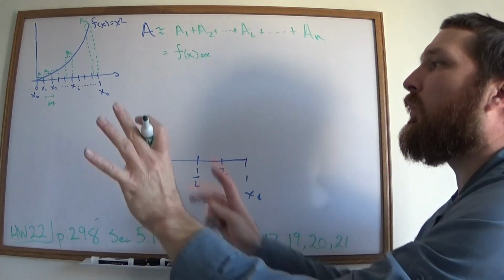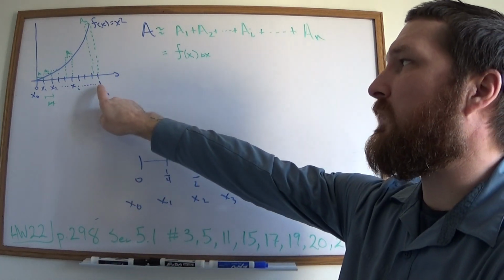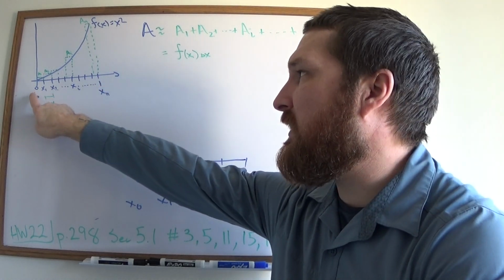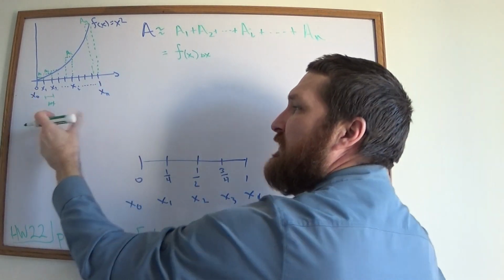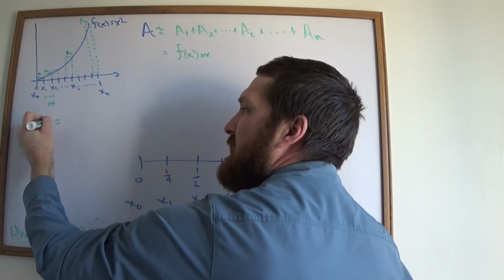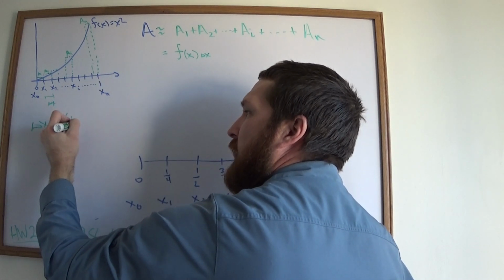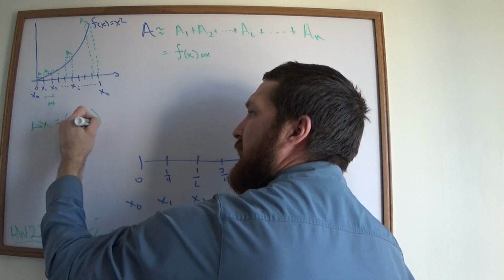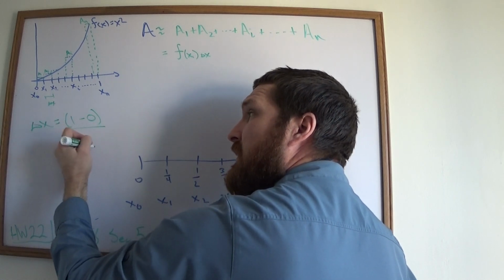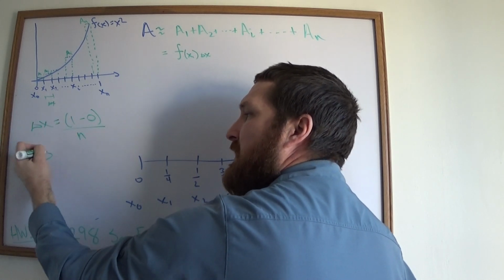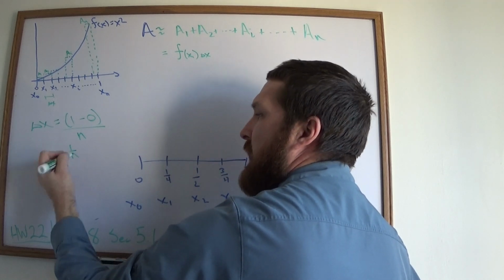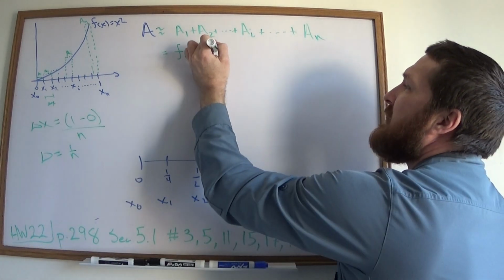We're still working on this concrete example, where this endpoint is going to be 1 and that one's going to be 0. So let's actually find delta x. Delta x is I go to the endpoint, subtract the other endpoint, and divide it into how many pieces? n. So delta x is equal to 1 over n. We'll need that in a second.